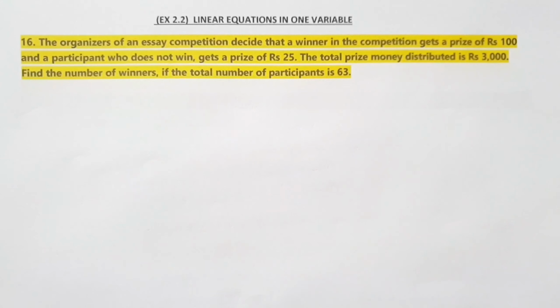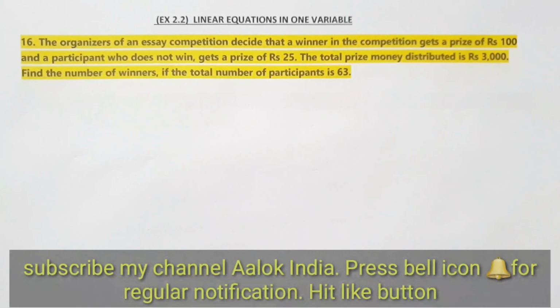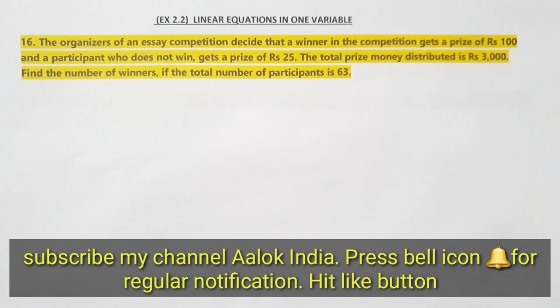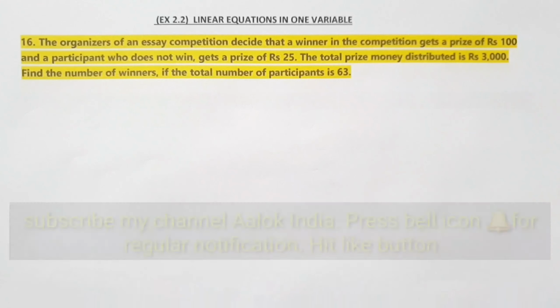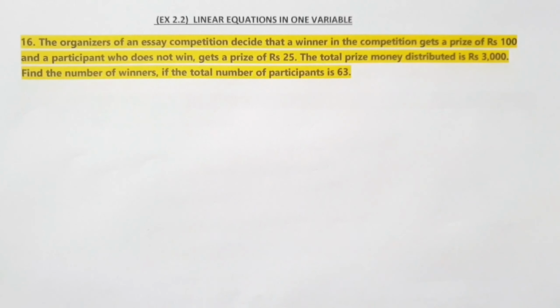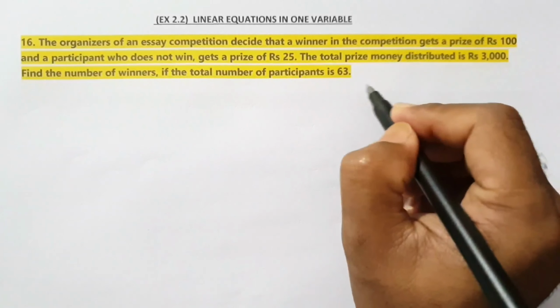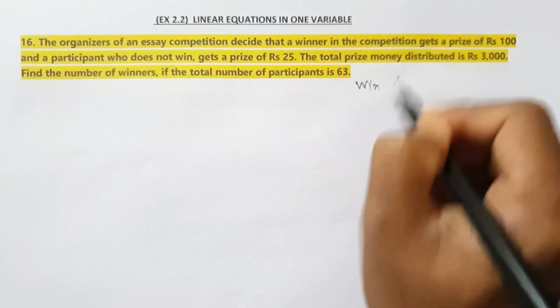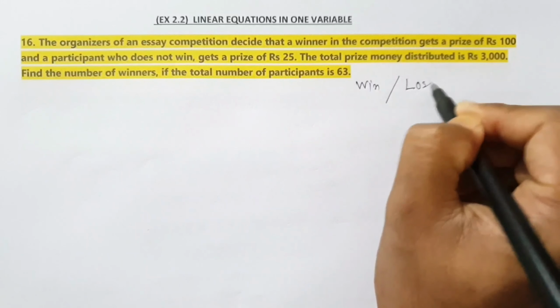Now the last question of the exercise. The organizers of an essay competition decide that the winner in the competition gets a prize of rupees 100, and a participant who doesn't win gets a prize of rupees 25. The total prize money distributed is rupees 3000. Find the number of winners if the total number of participants is 63. It means that there is an essay competition out of which few participants win and few participants lose.